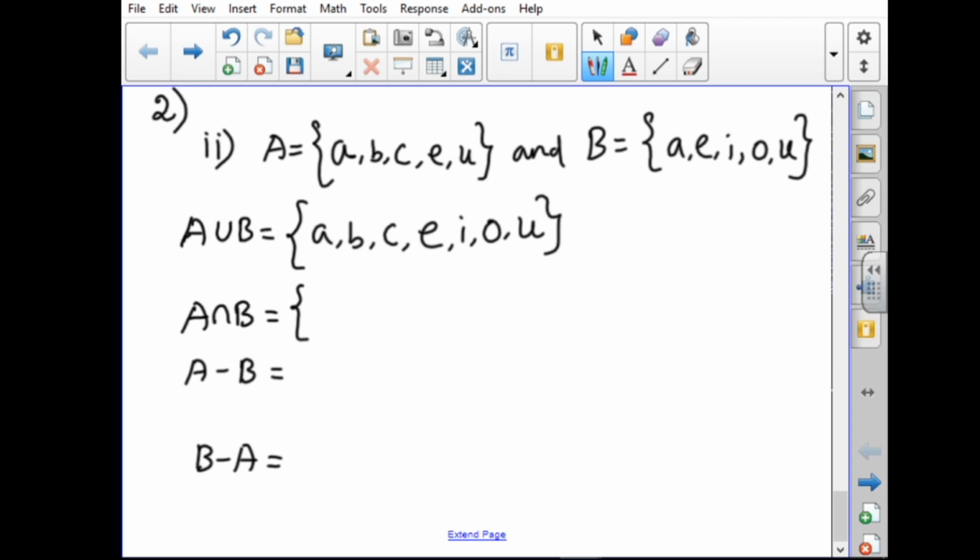Intersection means common elements of A and B. It means A, then E, then U. These are the elements of A intersection B.